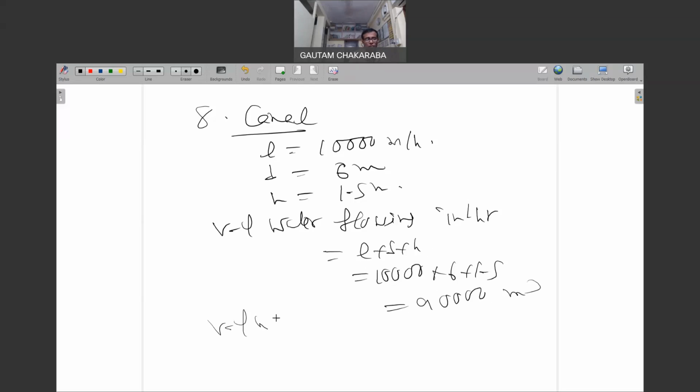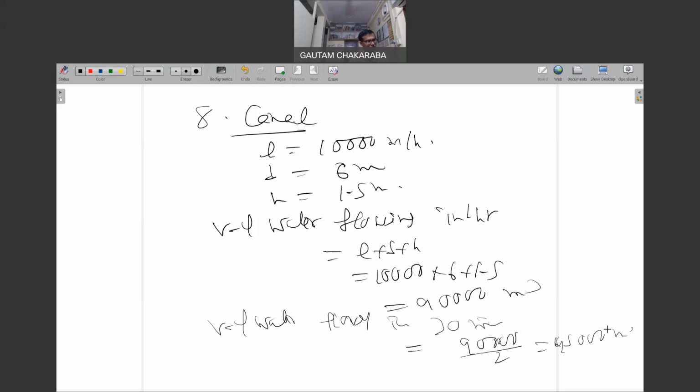The volume of water flowing in 30 minutes: 1 hour is given here, so 30 minutes is divided by 2. 45,000 meter cube water flowing.